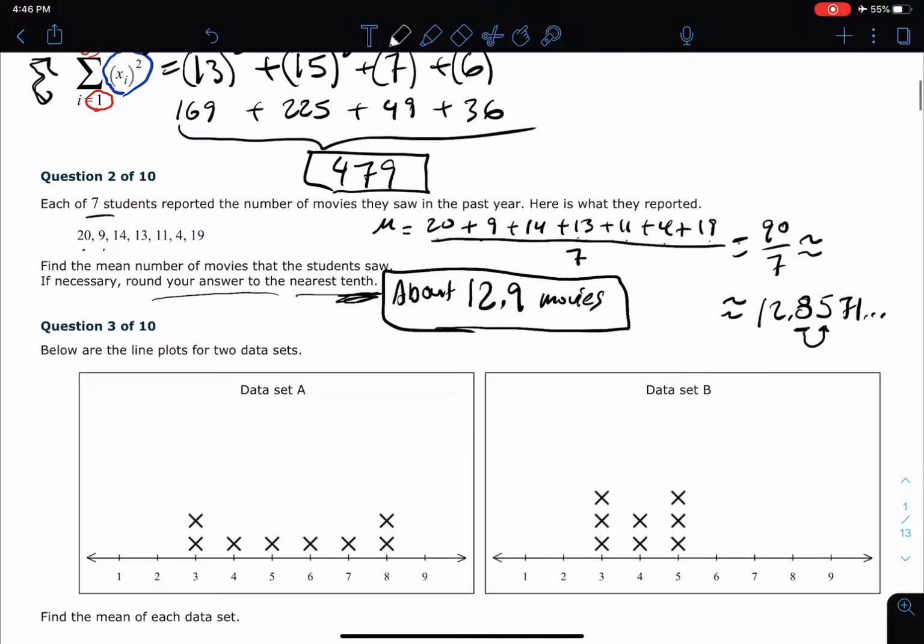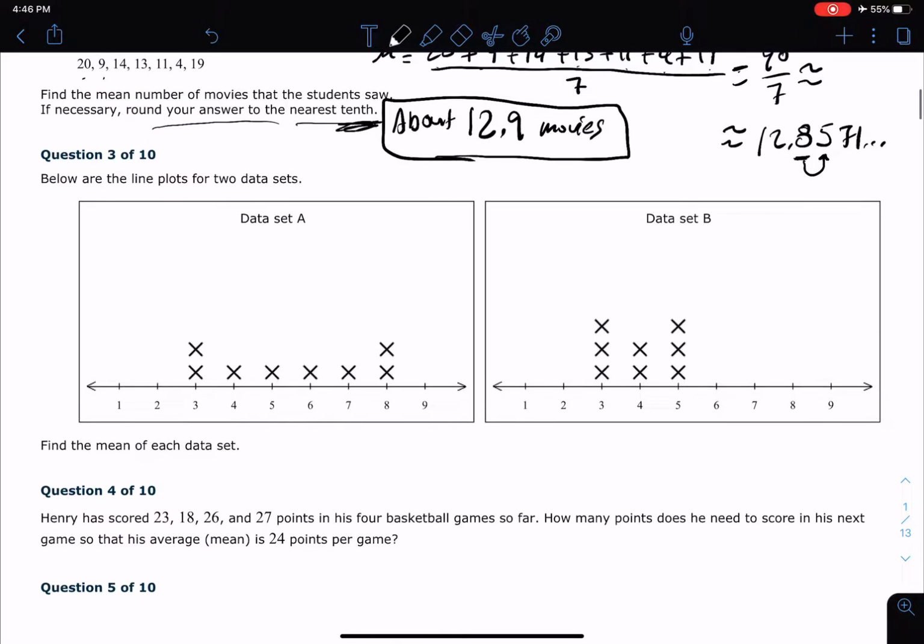The next problem: below are the line plots of two data sets. Find the mean of each data set. Well, this is kind of an idea of a weighted mean, because we can say we have two values that have a value of 3.